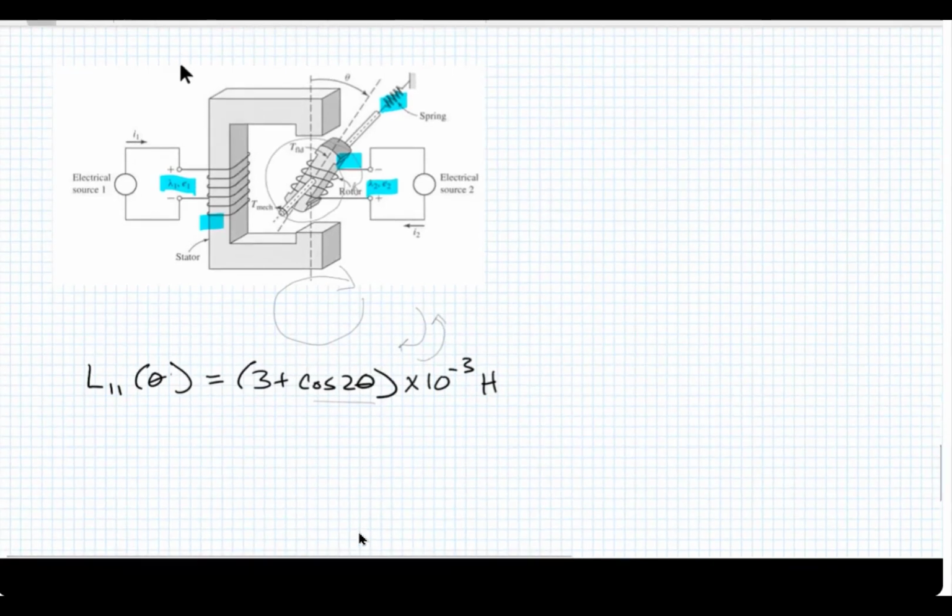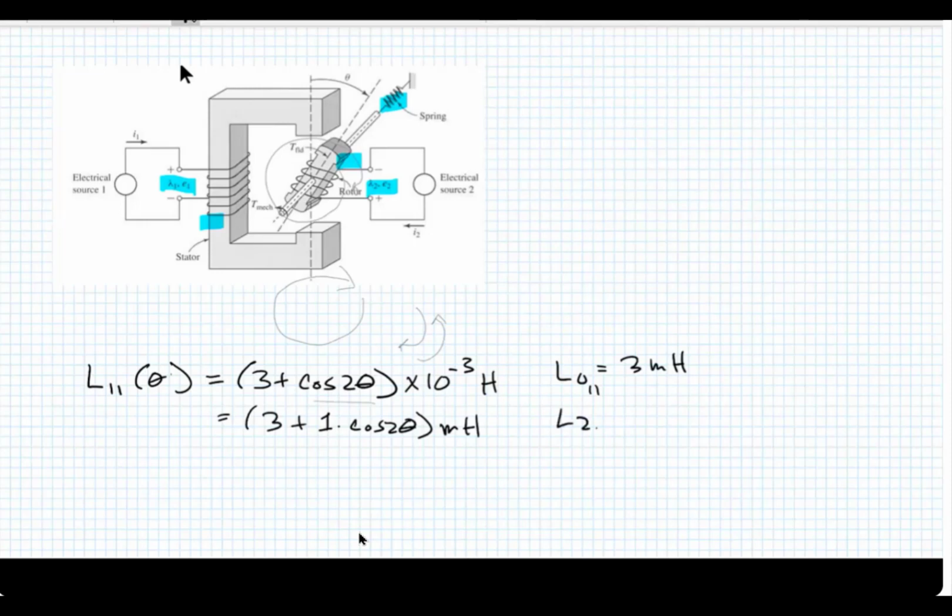That's the same as saying 3 plus 1 cosine 2 theta millihenries. It's kind of saying I have an L naught of the 1 that is 3 millihenries, and an L2 of the 1 that is 1 millihenry.